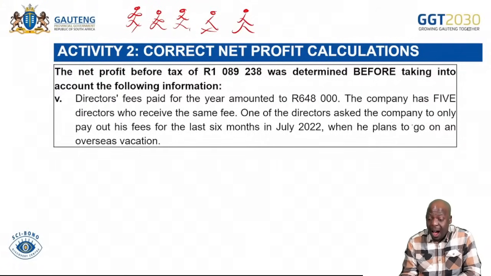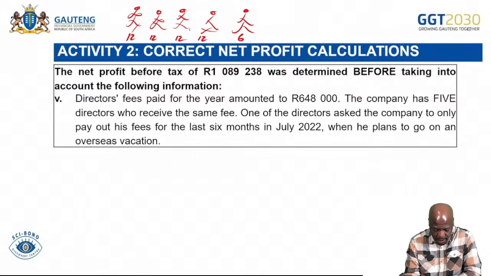One of the directors asked the company to only pay out his fees for the last 6 months in July. So this guy received for 12, this for 12, this for 12, this for 12. But this one is received for 6 months. All right. So you're going to say this plus that, plus that, plus that, plus that. How much are you going to get? You're going to get how much? Okay, thank you. 54 months.